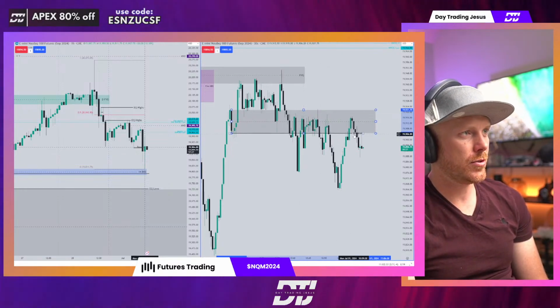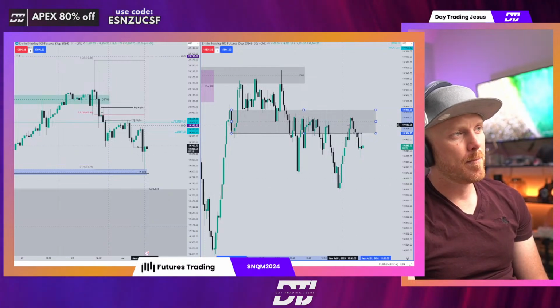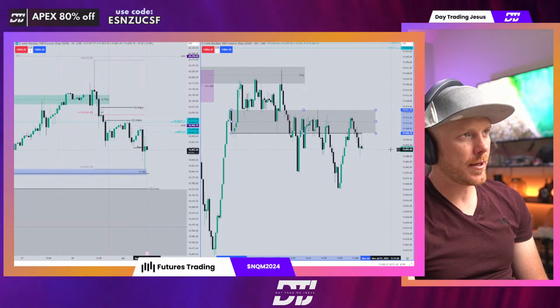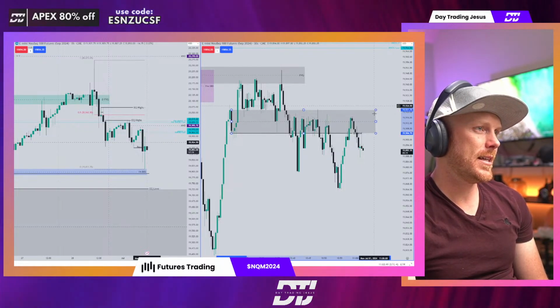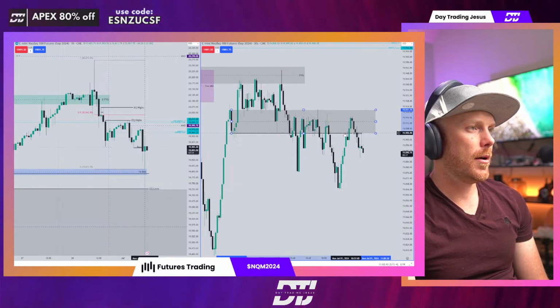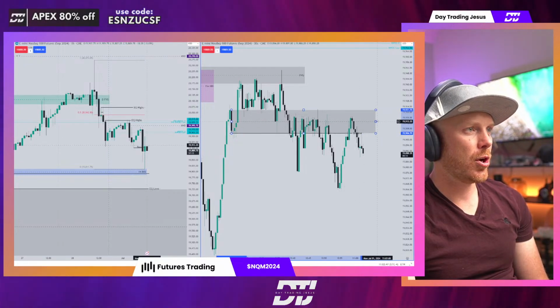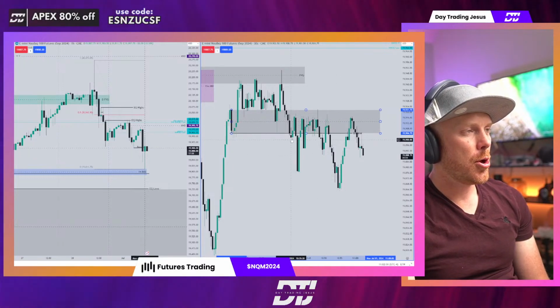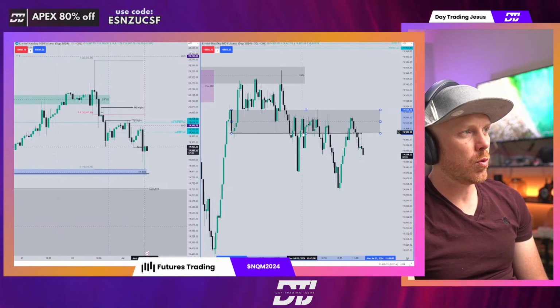The only thing I don't like is that this is a 15, 16 handle area where you'd have to work for your stop loss. It's a bigger stop loss, so you'd have to hold through more drawdown. But this would have given us 1, 2, 3, 4, 5 wins on your breaker.